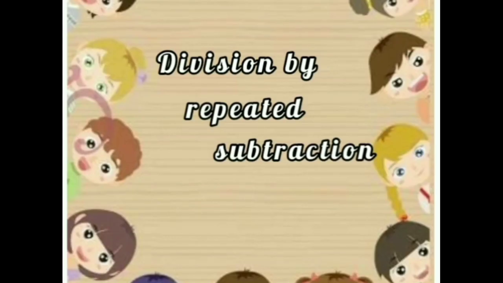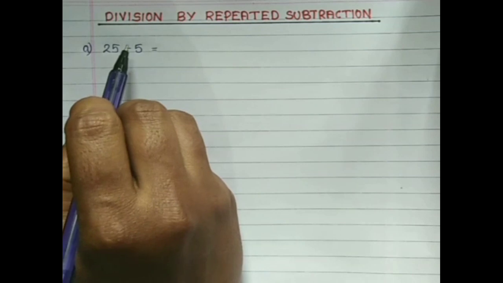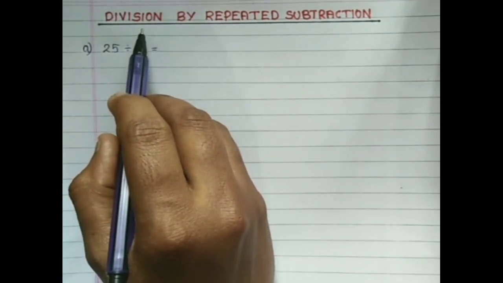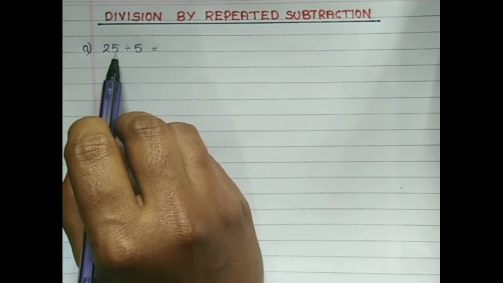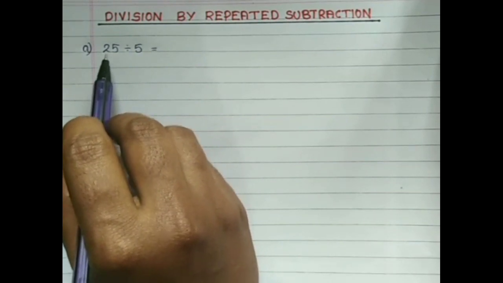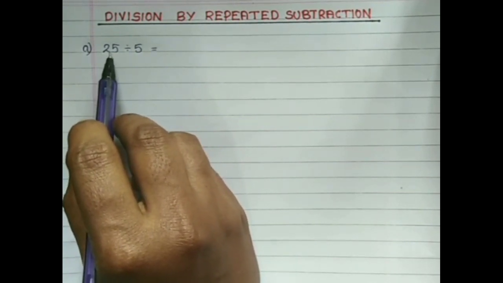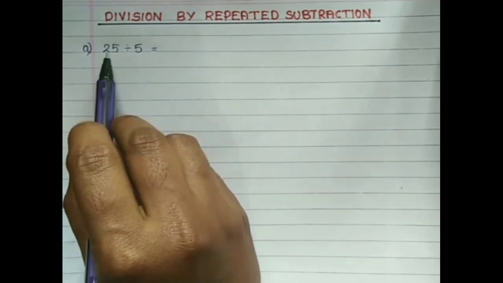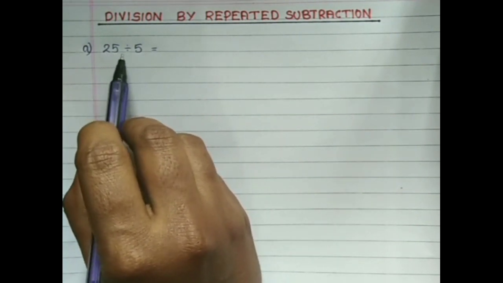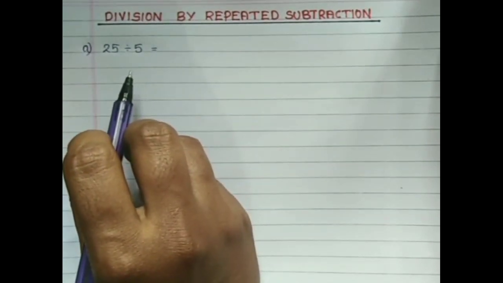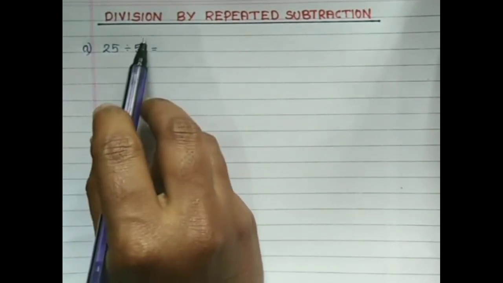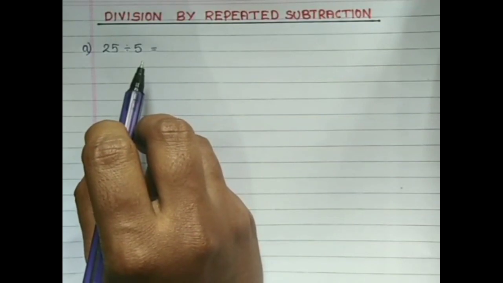Now we move on to the topic division by repeated subtraction. Here we can learn how to divide a number by repeated subtraction with the help of some examples. Let's take our first example, 25 divided by 5. Here we have to divide 25 by 5 using repeated subtraction. We have learned that division is repeated subtraction.